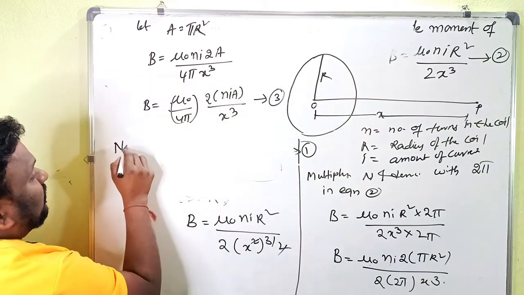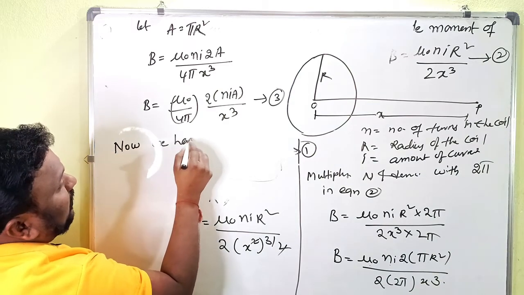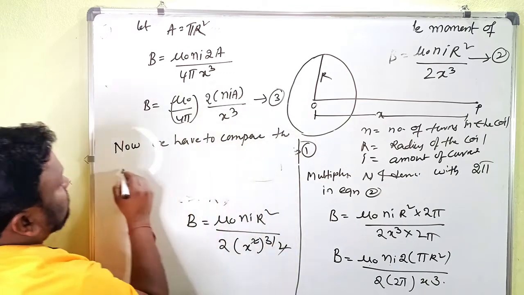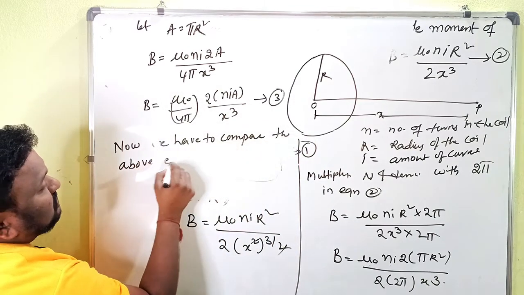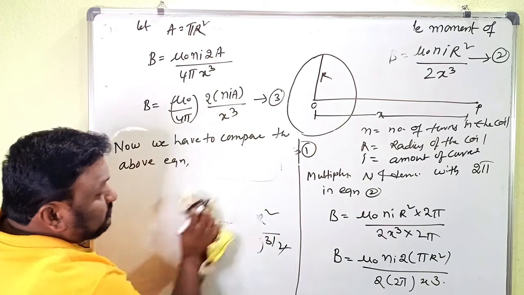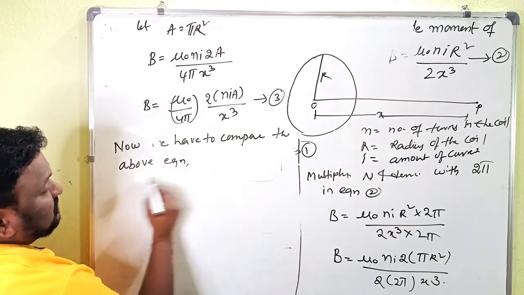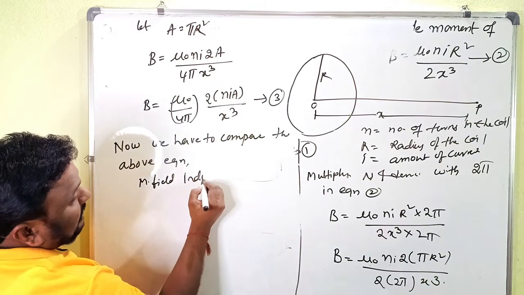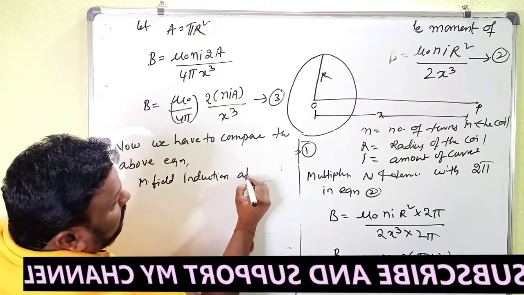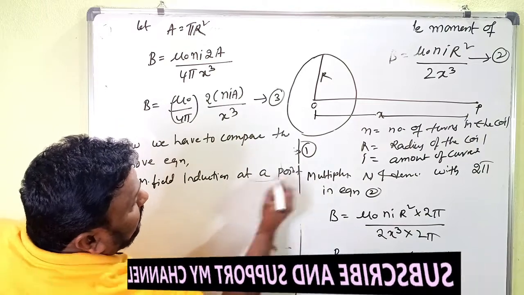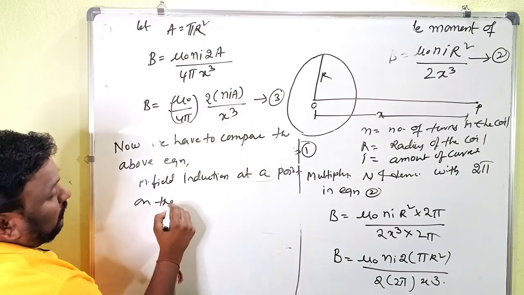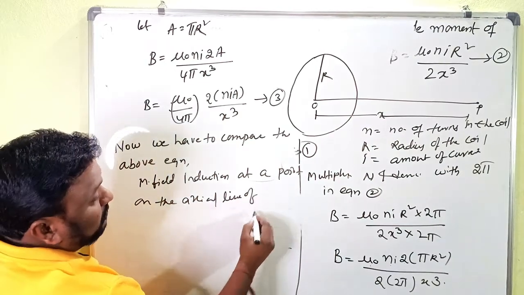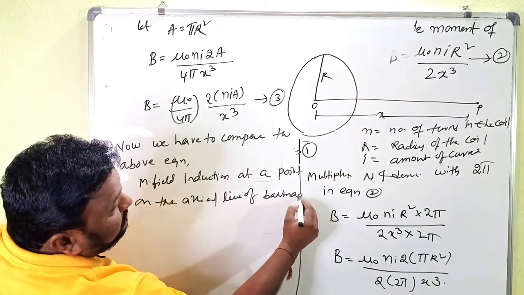Now we have to compare the above equation to the equation for magnetic field induction at a point on the axial line of a bar magnet.